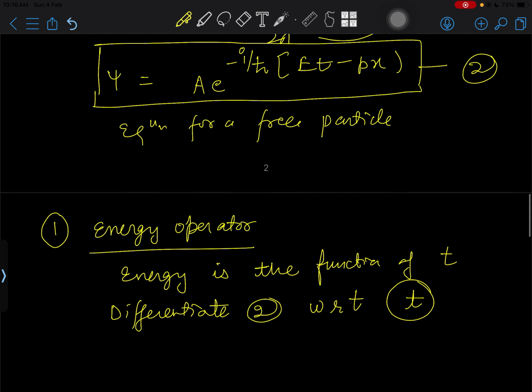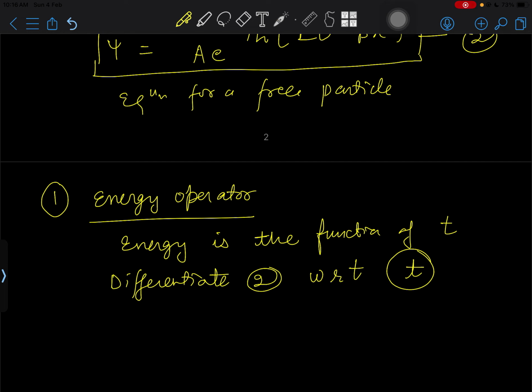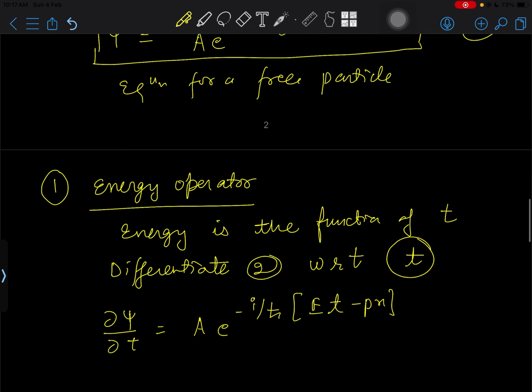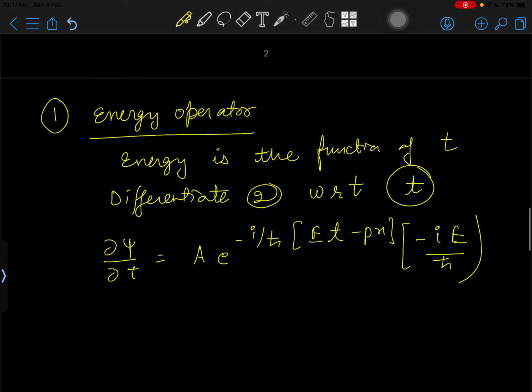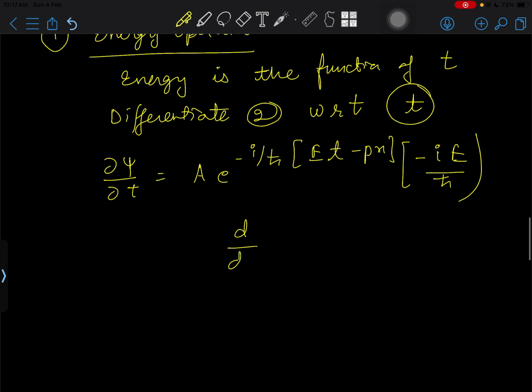So we can write del psi over del t is equal to a e to the power minus i over h cut (E t minus p x) times minus i E over h cut. How? By using this particular relation, d over dx of e to the power minus ax can be written as e to the power minus ax times minus a.